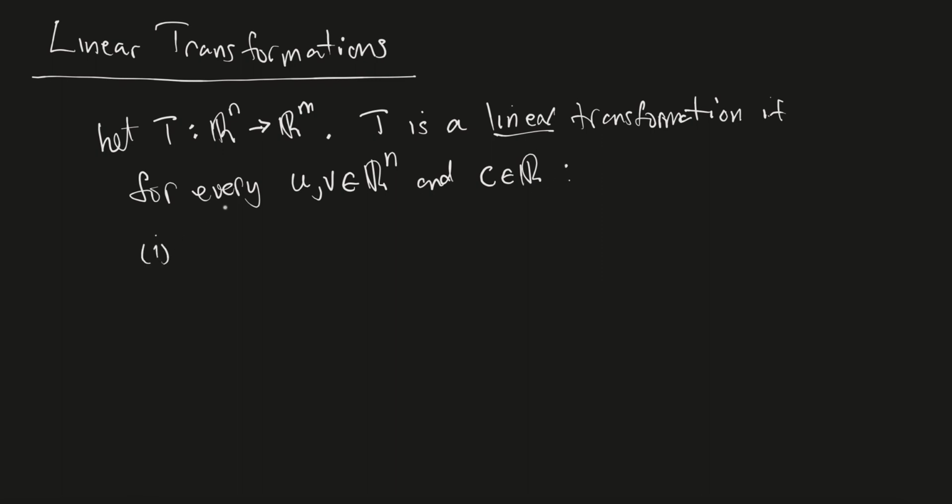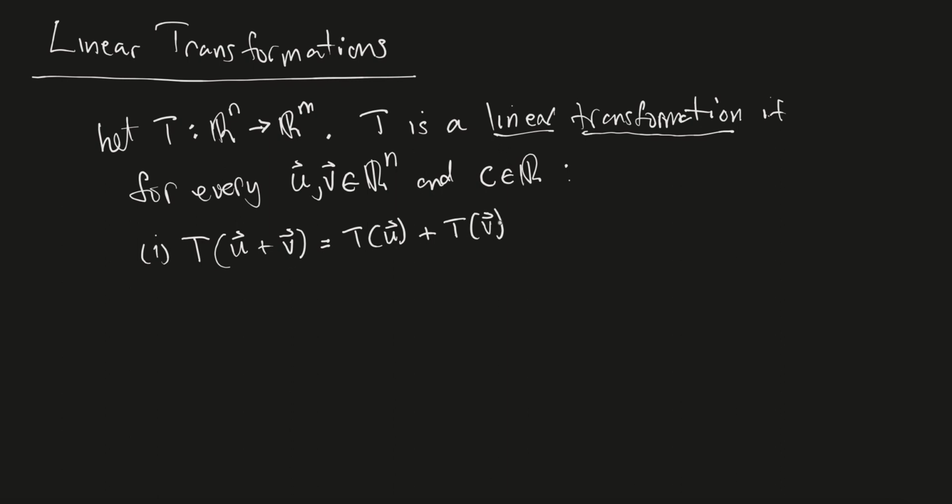The first property that a linear transformation has to have is this. If you take the image of the sum of two vectors, let me put my little harpoon here to emphasize that these are vectors. So if I take the image of u plus v, I will always get the same result as taking the image of u and then adding the image of v.